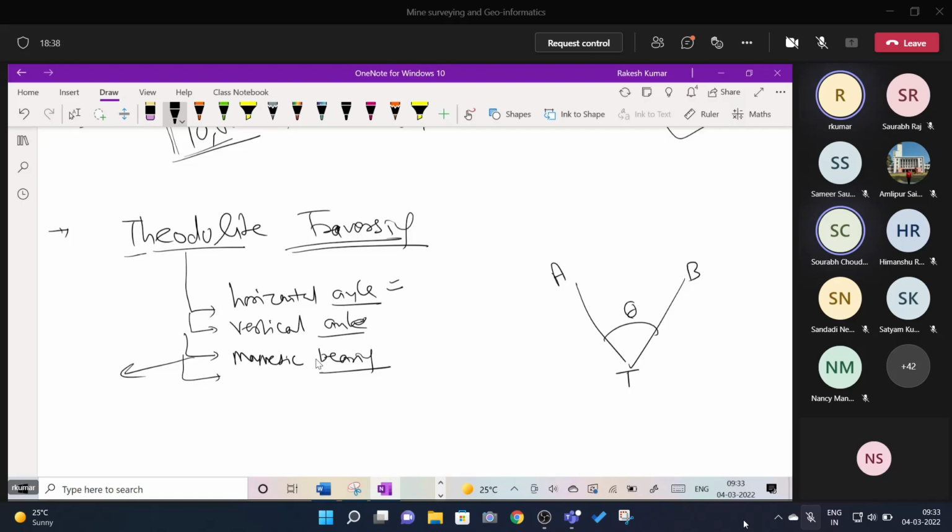Take one point at north. So I will tell you what is happening in the theodolite. There is some attachment, the trough compass, that we can attach to the theodolite.